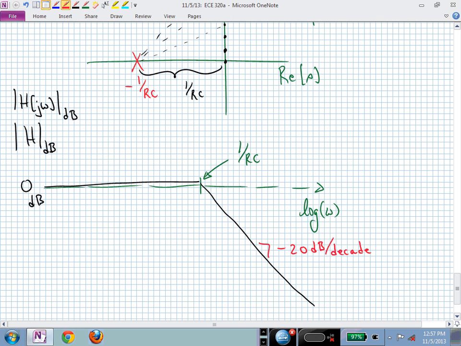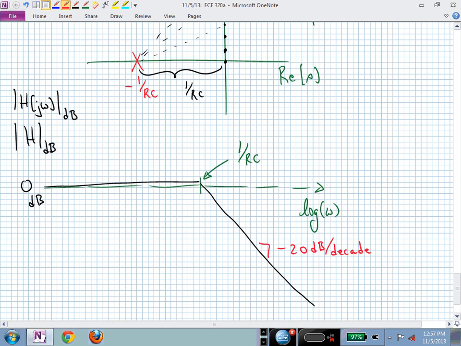In dB, how far down am I? If this point, 1 over RC, is 1, and now I go past 10, all the way to 100, how far down am I? How many decades have I transitioned from 1 to 100?